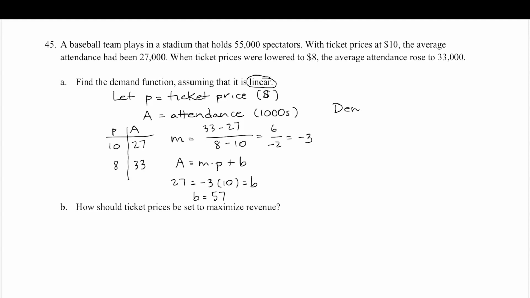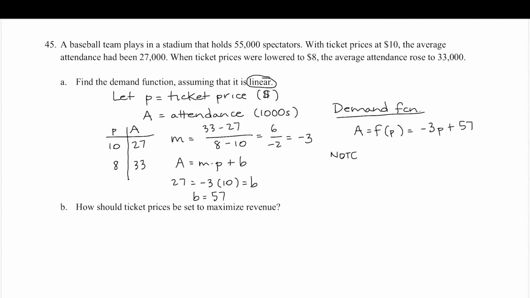So the demand function, as they say, assuming it's linear, would be A, attendance as a function of price. That would be -3p plus 57, or you could write it 57 minus 3p. Either one will work just fine.